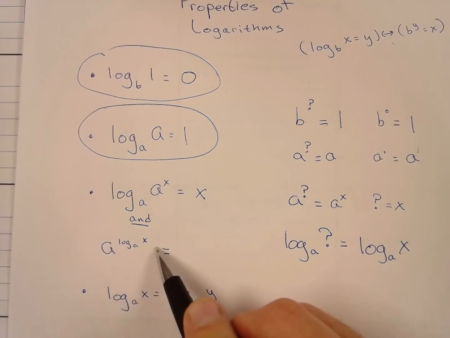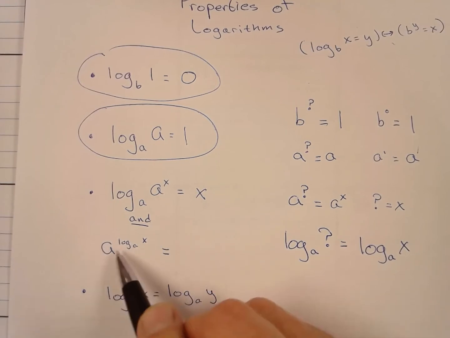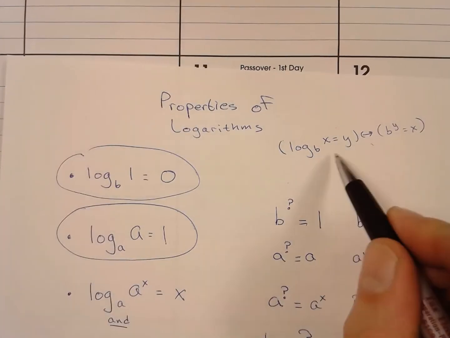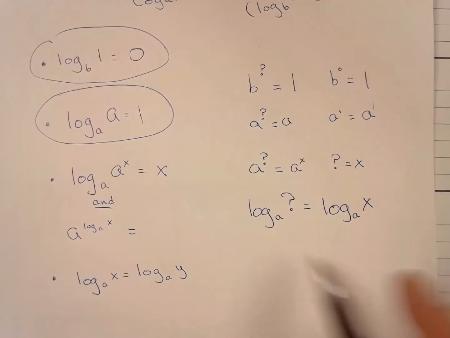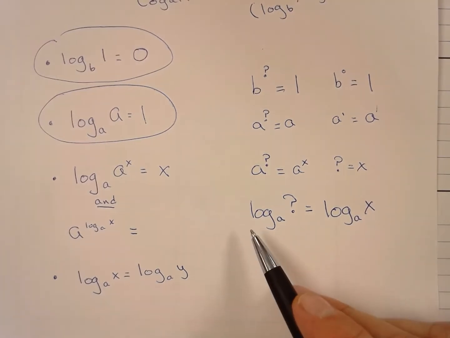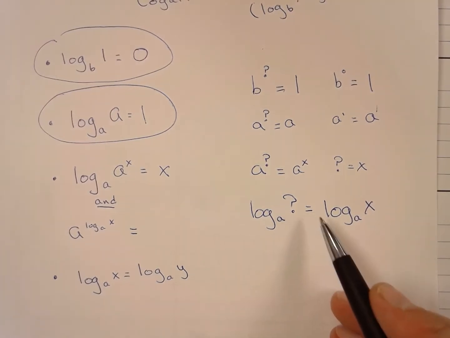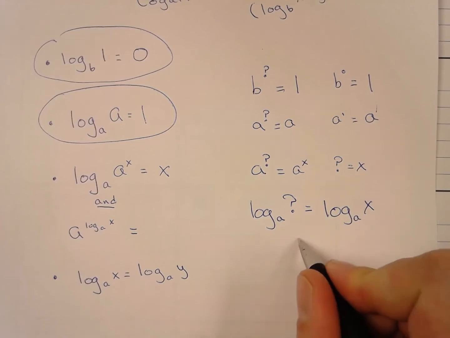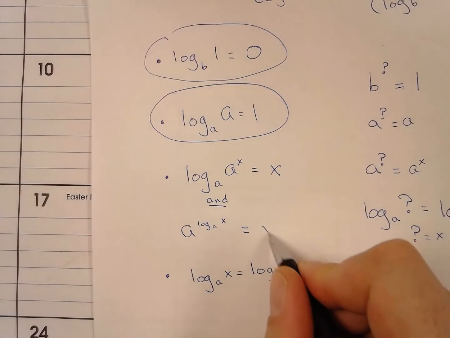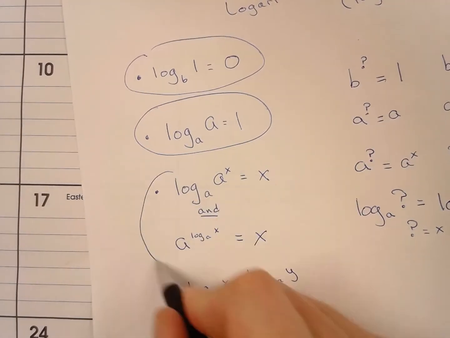Once again, the exponent in exponential form is on the other side of the equal sign in log form. And when you write it like this, it hopefully becomes pretty obvious. Log base a of what equals log base a of x? Well, question mark equals x. So, properties of logarithms. Fun, fun, fun.